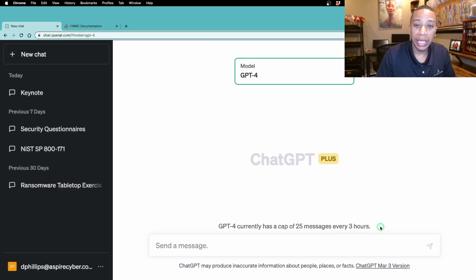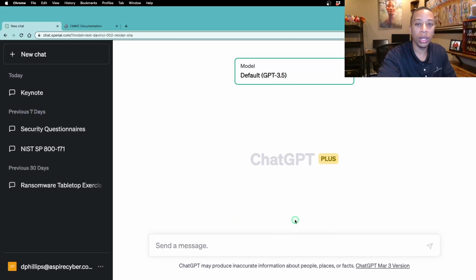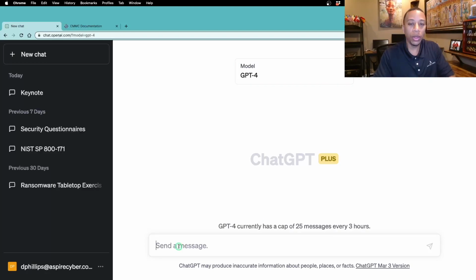That is going to be one of the drawbacks of using ChatGPT 4. There will be a limit on how much you can use it, 25 messages every 3 hours, versus if you're using GPT-3.5 on the paid version, there's no limit. And on the free version, I don't know what the limit is, but it's much greater than ChatGPT 4.